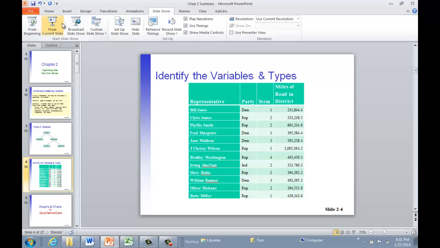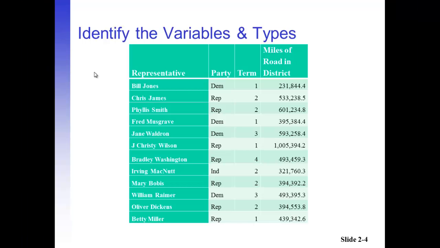This is a good example to test our skills on classifying variables. Let's look at these data here. What we have is a list of members of a transportation committee, and the columns represent all of the variables.